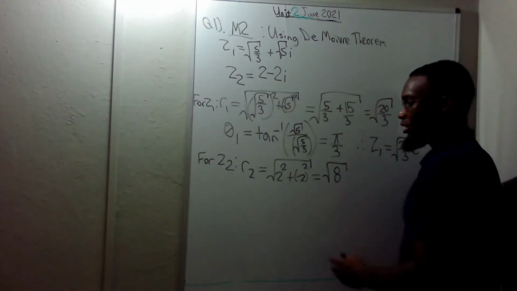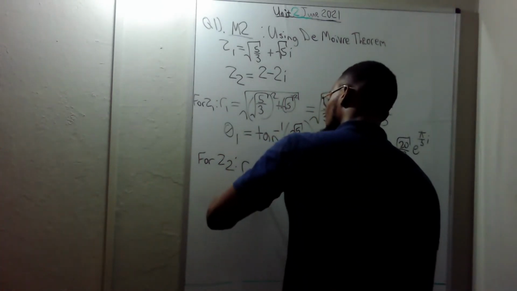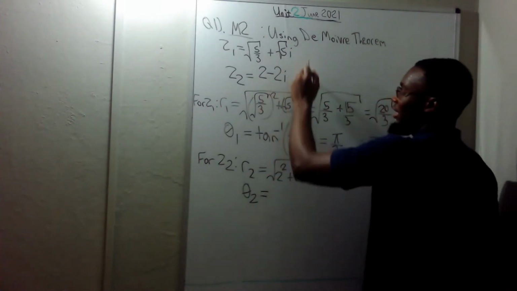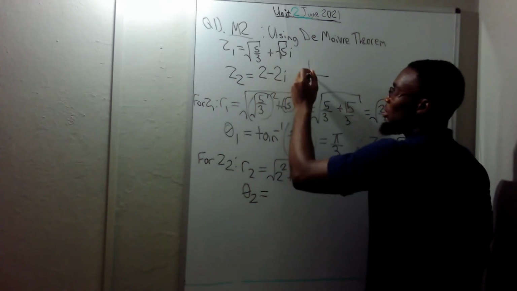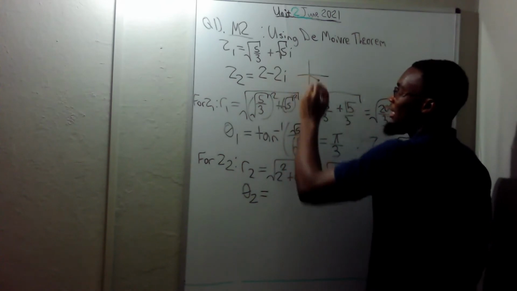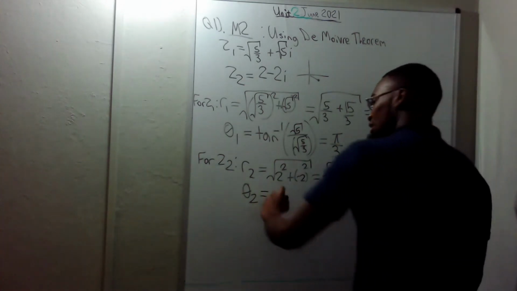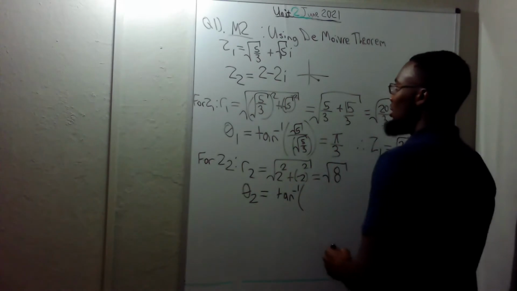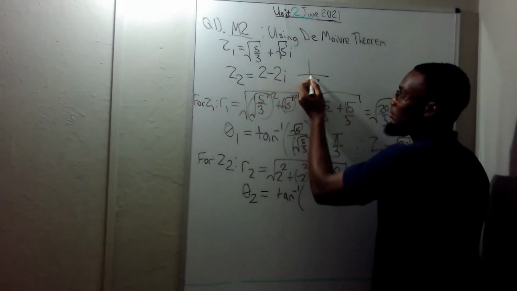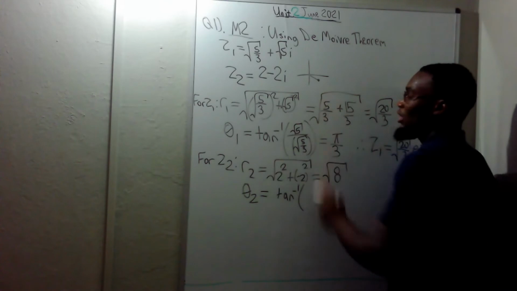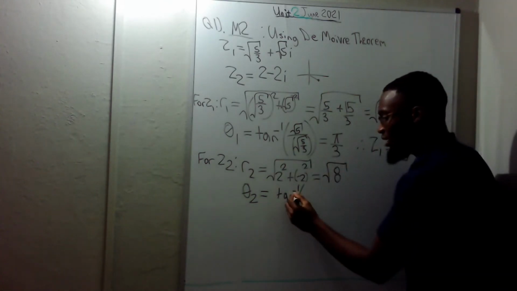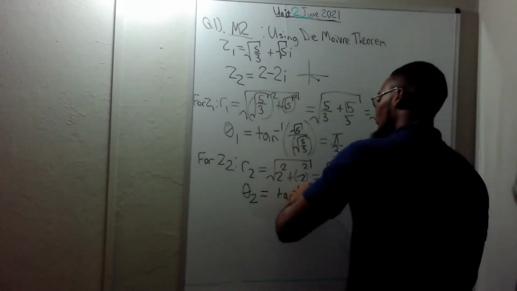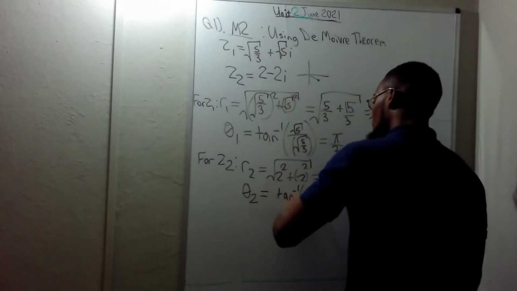Since r2 is the square root of 8, we can now find theta 2. Clearly x is 2, y is negative 2, that's in the fourth quadrant. And so theta 2 is tan inverse of b over a. Let me make sure, positive x, negative y, fourth quadrant, yeah. So it's tan inverse of negative 2 over 2.